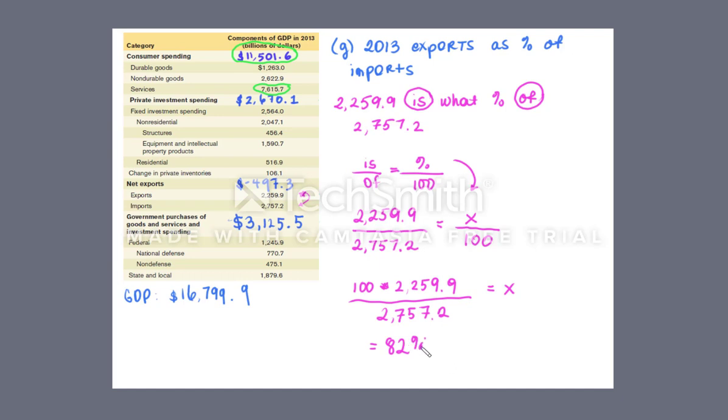These would be our exports. And this makes sense because we are importing more than we are exporting. Remember that negative number we got for net export. So it makes sense that our exports are only 82% of our imports. Our imports are higher than our exports.